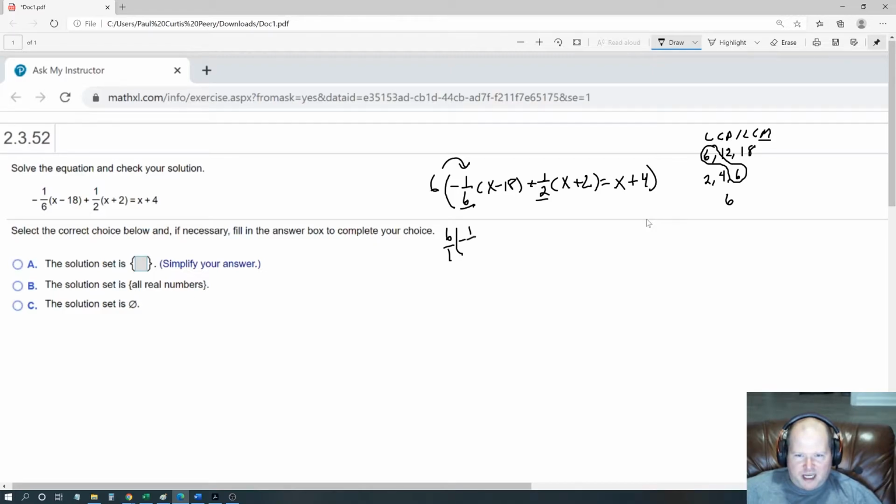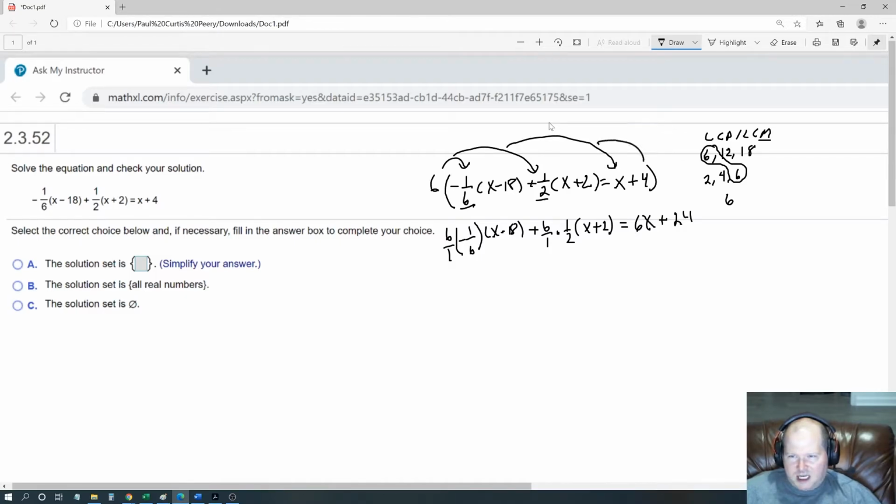So we multiply 6 over 1 by negative 1/6 times (x minus 18), plus 6 over 1 times 1/2 times (x plus 2), and on the right side 6 times x is 6x, and 6 times 4 is 24. We're multiplying every term on both sides of the equation.